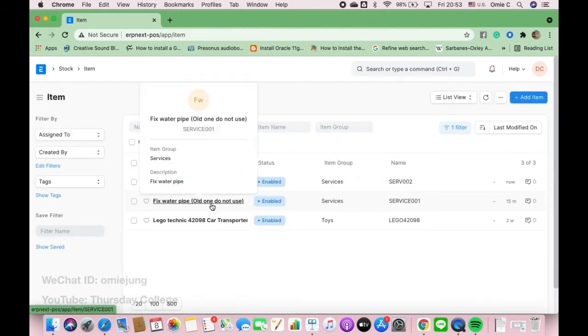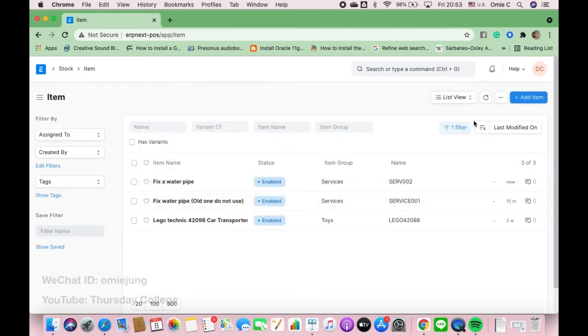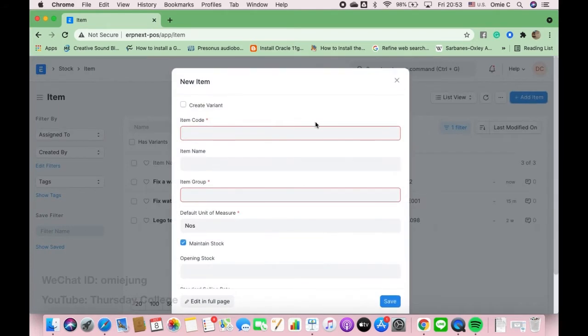Then I just add one more, because sometimes we need to fix more than just the water pipe.